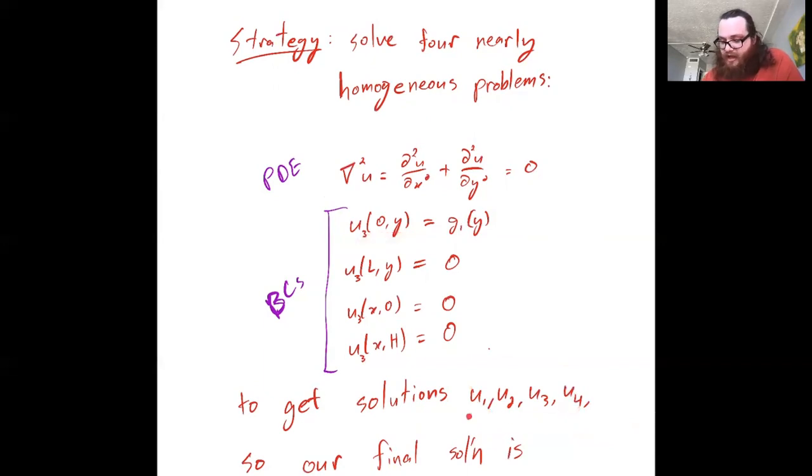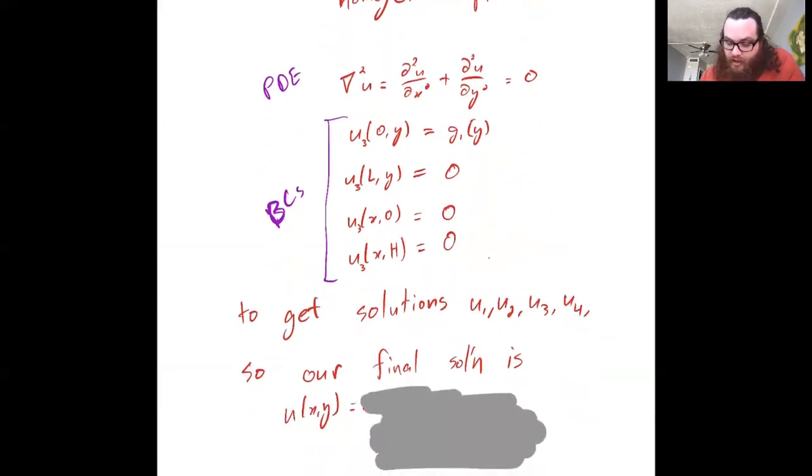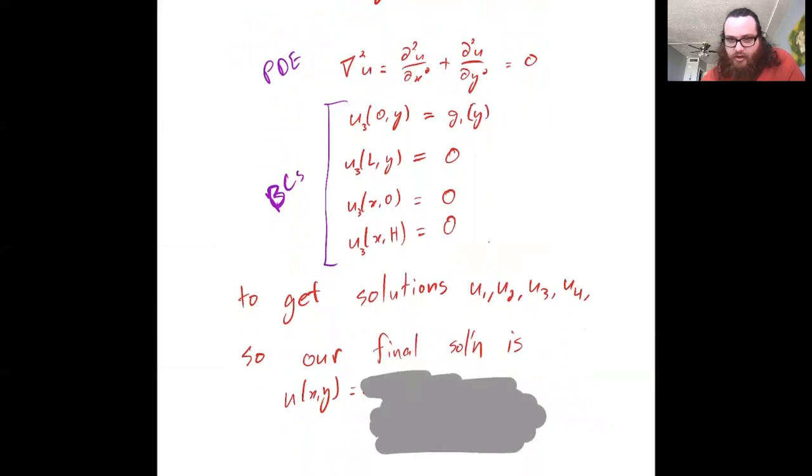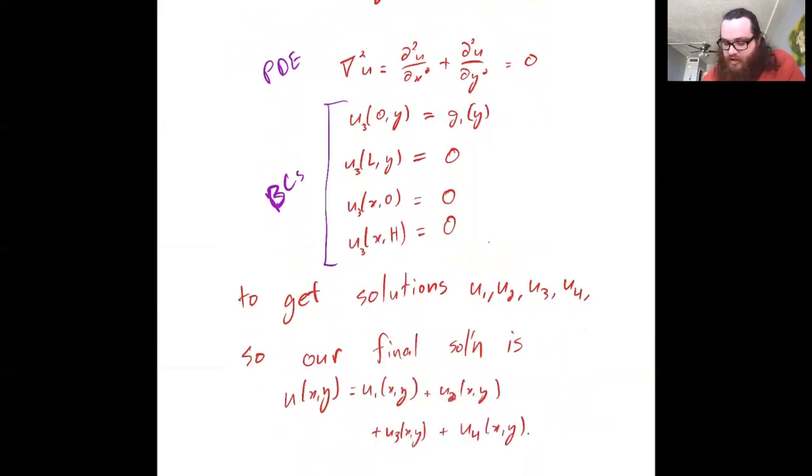Okay. So when we add up all 4 of these functions, the only contribution we're going to get is from u sub 3, because u1, u2, and u4, for these values, are all equal to 0. Okay. And so in that way, we're recovering our original boundary conditions. So written out, we're going to solve these 4 different problems and then add them together, and that'll be the solution to the original problem.